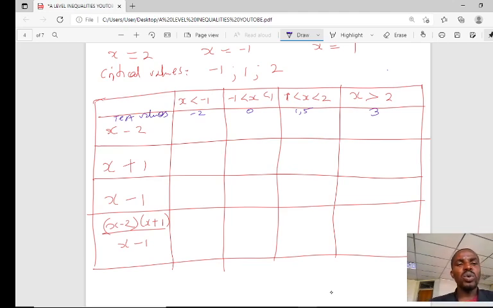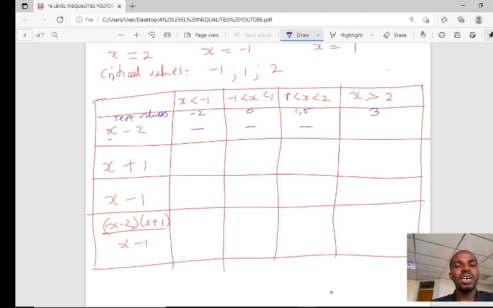Right. So on the first row, where there is x minus 2, we put in the test values. What do we get? Minus 2 minus 2, the answer will be negative. Then put 0 where there is x: 0 minus 2, negative. Then put 1.5: 1.5 minus 2 is minus 0.5, negative.